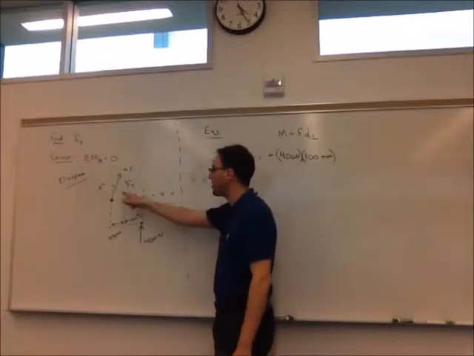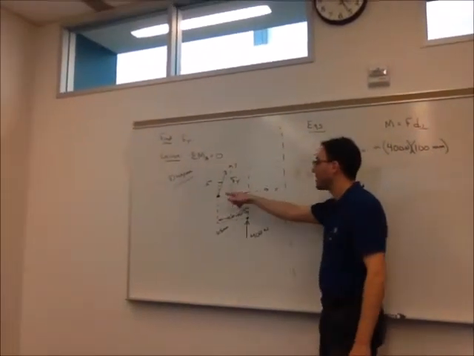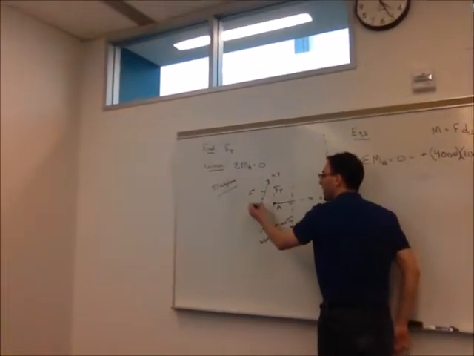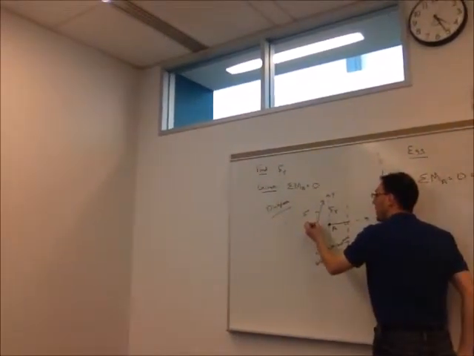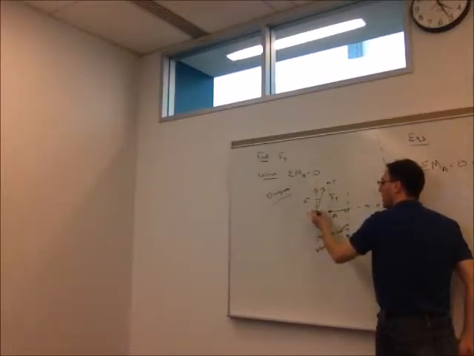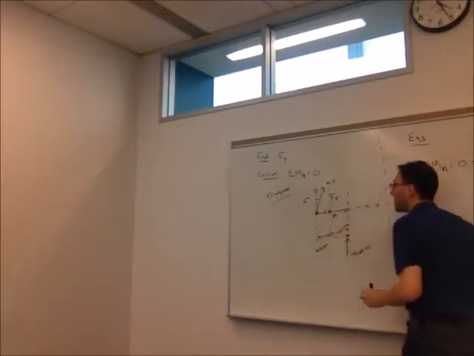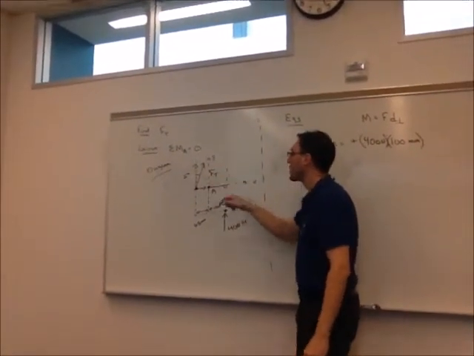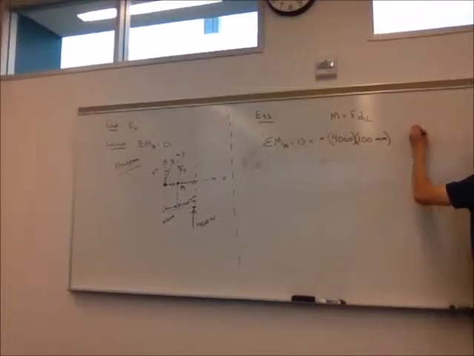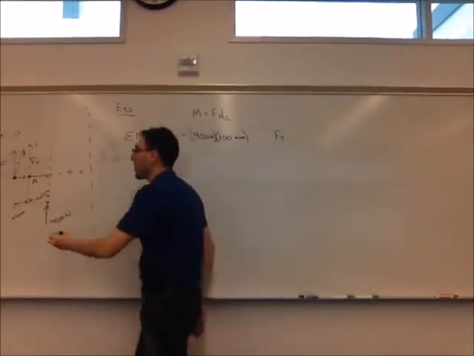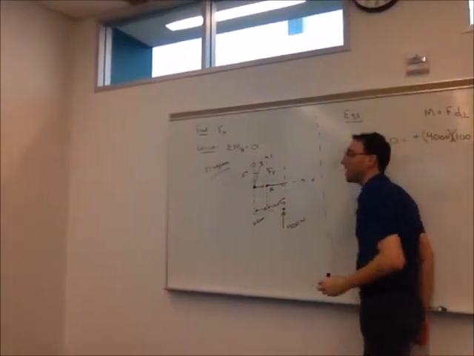Now we want to pay attention to F sub t. F sub t is 5 degrees from the vertical here. So what we want to do, as we saw before, is rewrite this as a vertical component and a horizontal component. The vertical component, we'll break it down, is going to be Ft, which again is right now unknown, and the part that's vertical is adjacent to that 5 degrees.